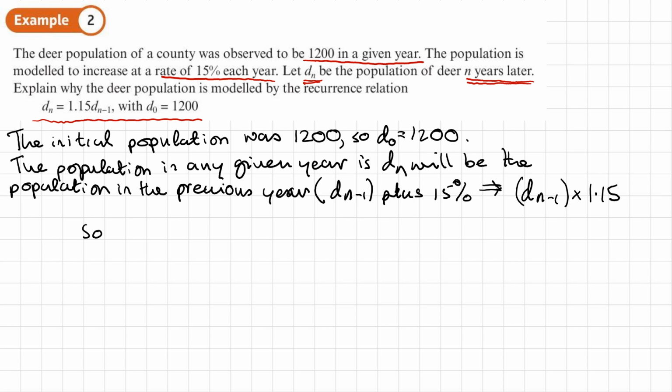So that basically gives what they've asked for. The deer population in the next year is an increase of 15% of the deer population in the previous year, where the initial population is 1,200. So we've just proved that as required.